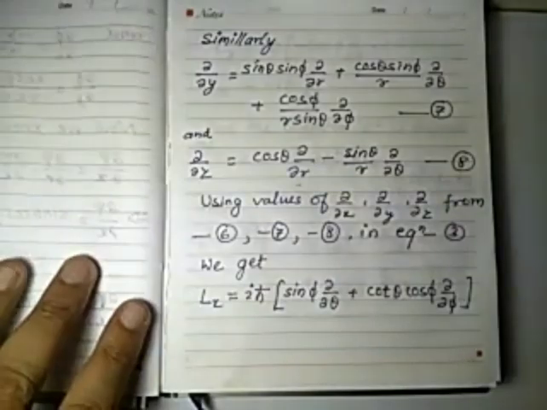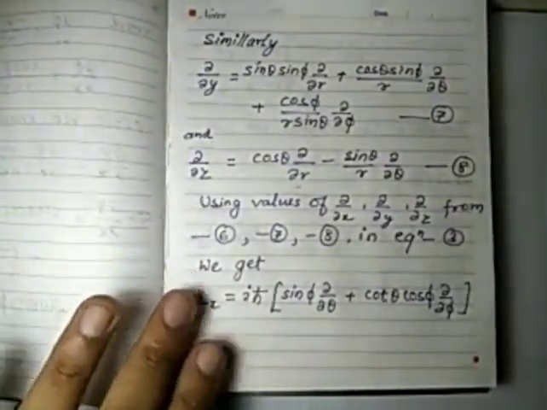In a similar manner, we can obtain ∂/∂y = sin θ sin φ ∂/∂r + (cos θ sin φ / r) ∂/∂θ + (cos φ / (r sin θ)) ∂/∂φ. And finally ∂/∂z = cos θ ∂/∂r − (sin θ / r) ∂/∂θ.